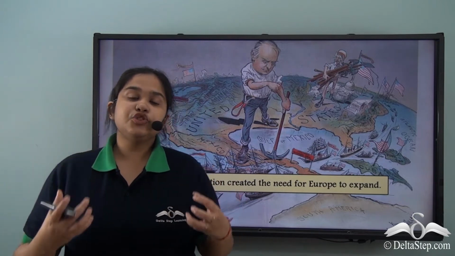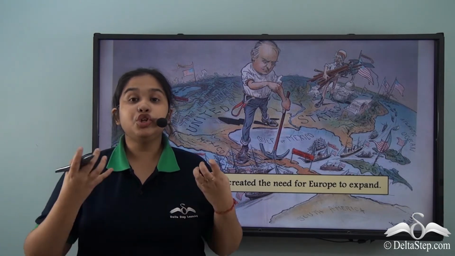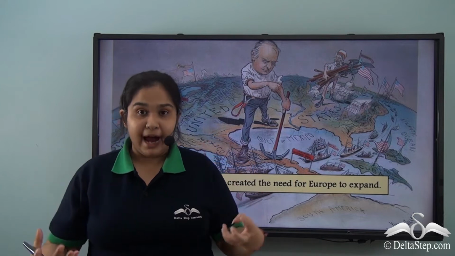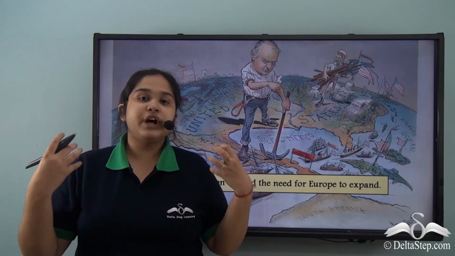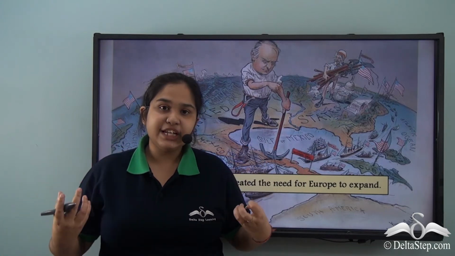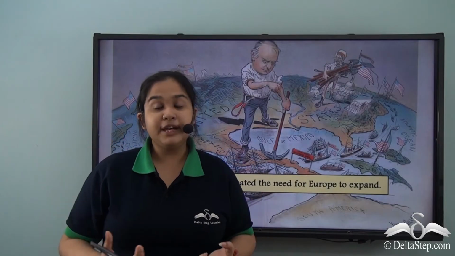Now, of course, the Industrial Revolution had given Europe the power to expand, had given Europe the means to expand because of the rise of the mechanization processes, various products being created.